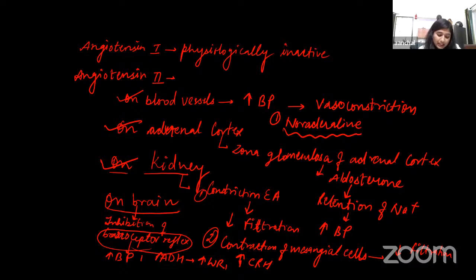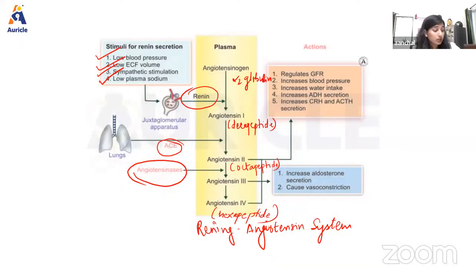Which ultimately increases the secretion of ACTH, adrenocorticotropic hormone, from pituitary, right? So in this way, the angiotensin 2 is a very important factor for increasing the blood pressure or decreasing the filtration rate. Now, next we are going to learn about the action of angiotensin 3.